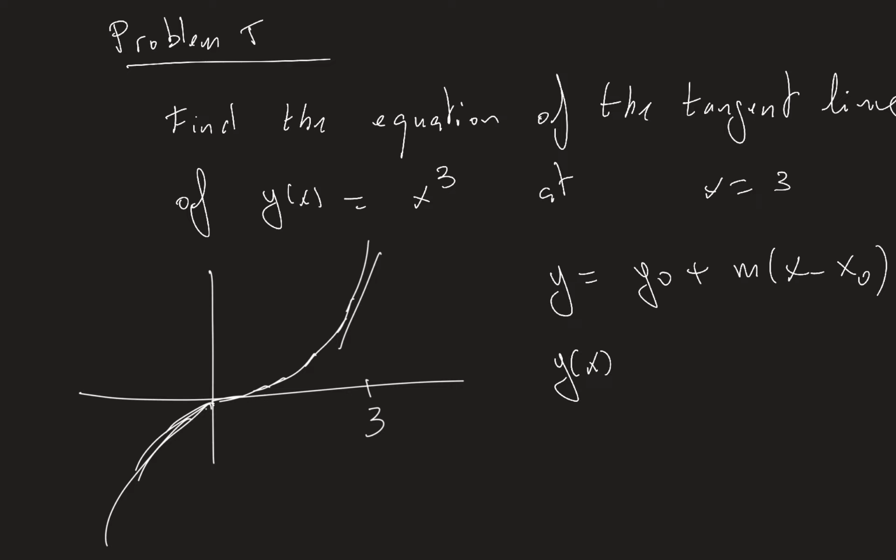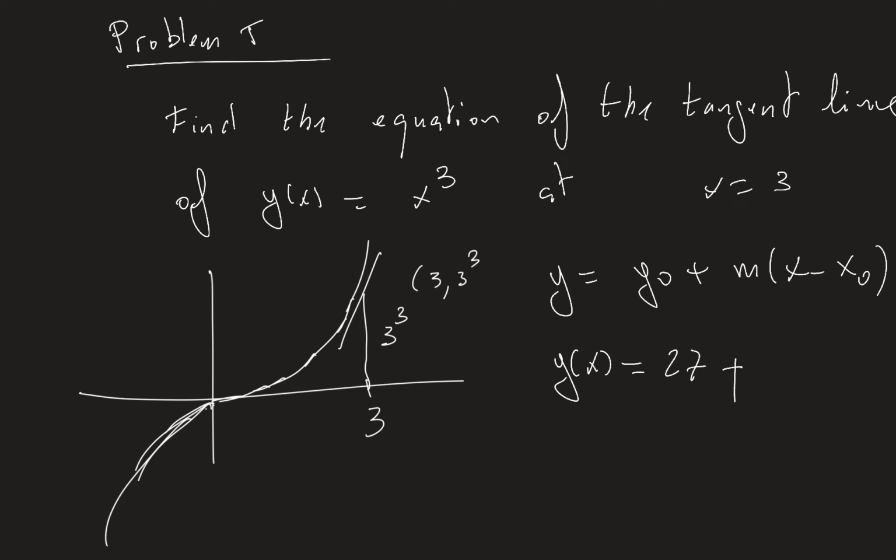So y of x equals y0. When x equals 3, y equals 3 cubed. So the point P is the point (3, 3 cubed). So 3 cubed is 27.